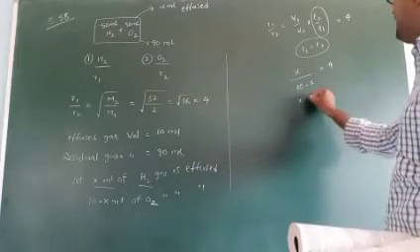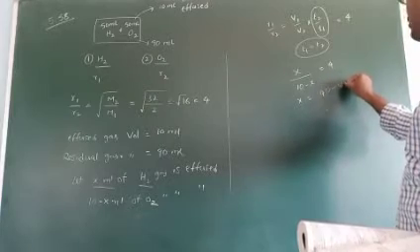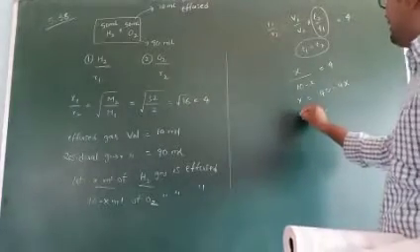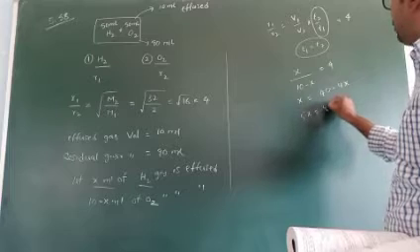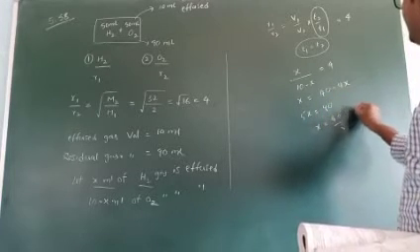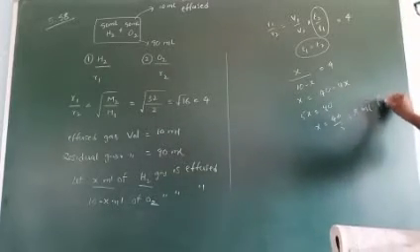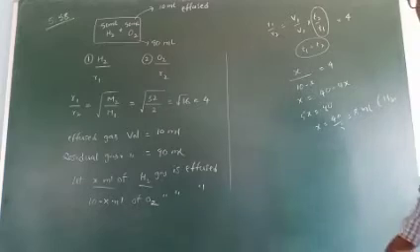Then, multiplying, x equals 40 minus 4x. This 4x moved to this side, 5x is equal to 40. Then x is equal to 40 by 5, that is 8 ml. So x is 8 ml, which means this is the hydrogen gas effusion.